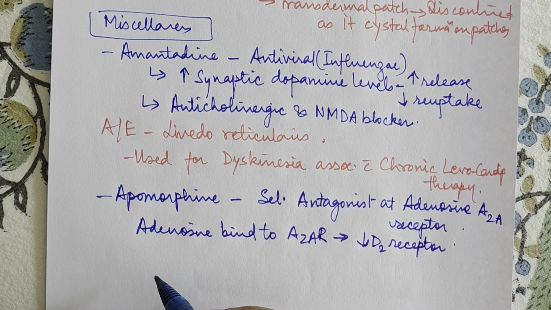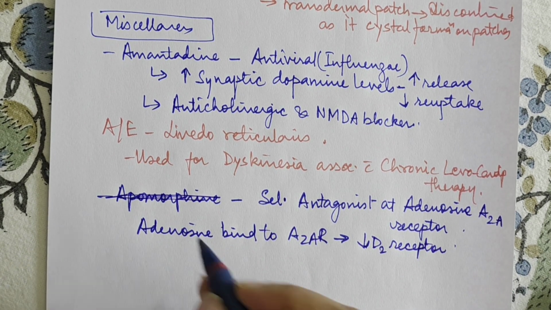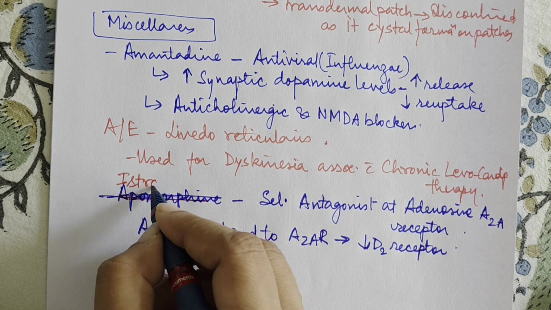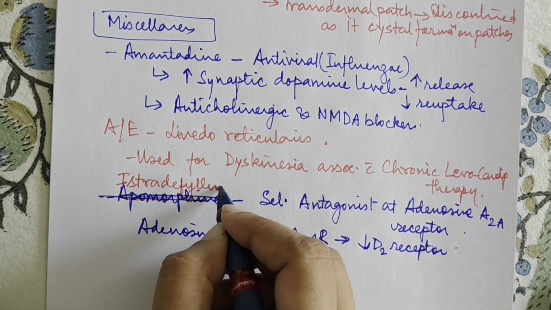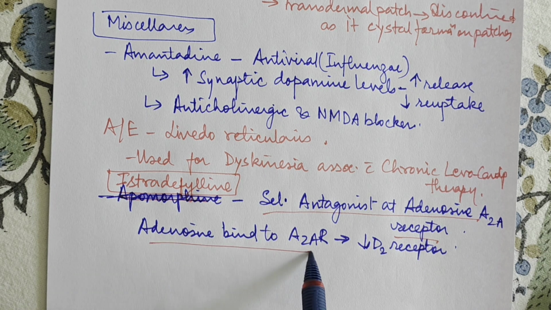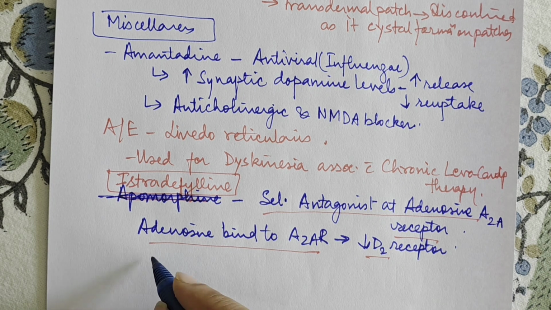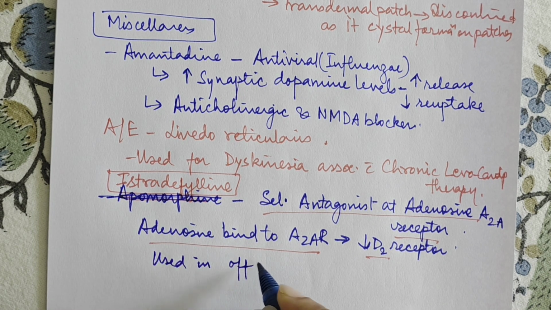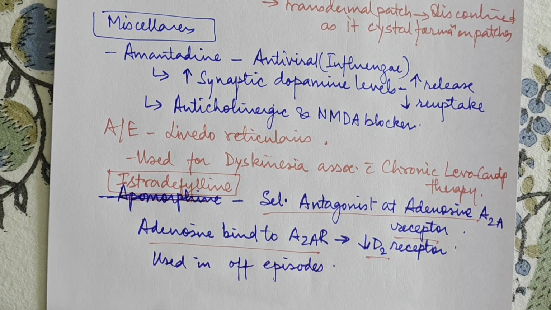Sorry, the drug that I'm talking about here is not apomorphine, it is istradifylline. Istradifylline is a selective antagonist at adenosine A2A receptor. Adenosine binds to this receptor and inhibits the D2 receptor. So istradifylline will actually activate the D2 receptor and antagonizes the effect of adenosine. And it is used in off episodes of Parkinsonism.